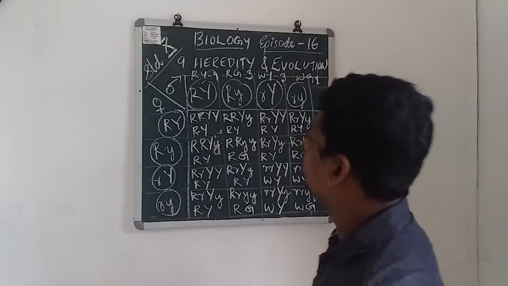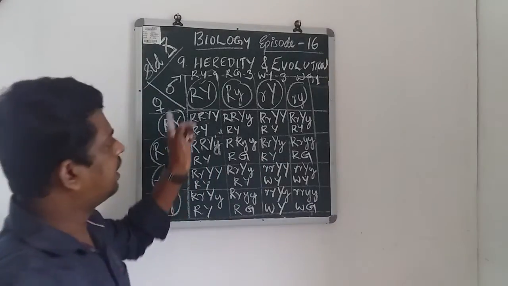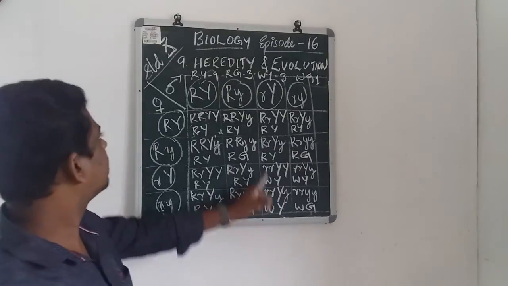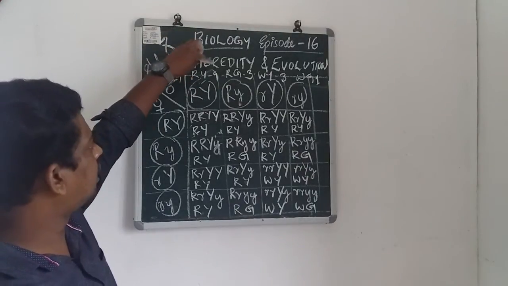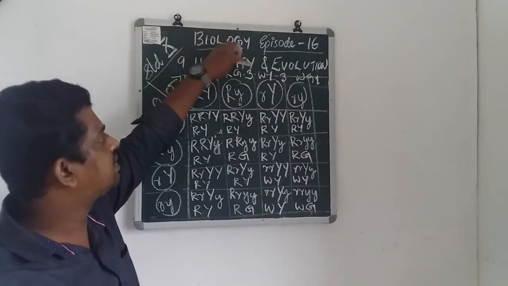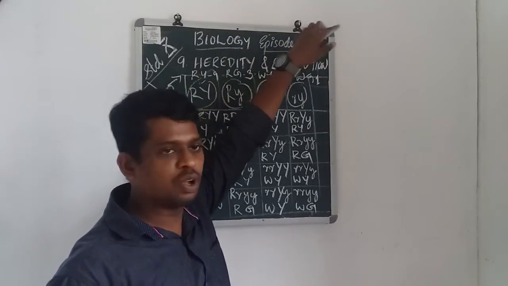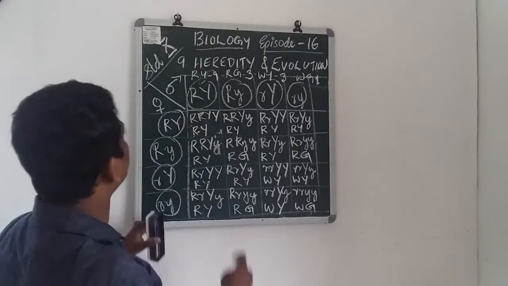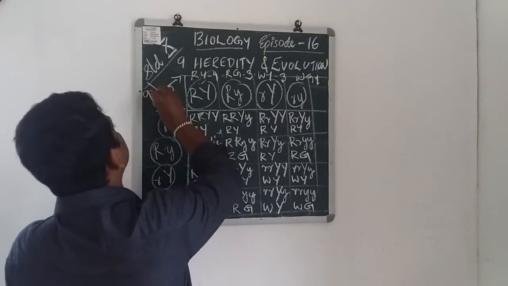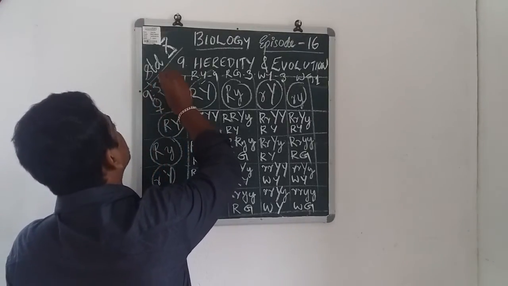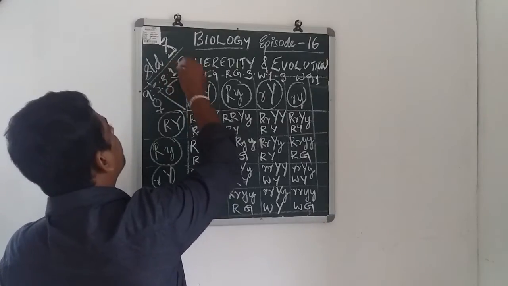So look at this one. In this chart, round yellows are 9, round greens are 3, wrinkled yellows are 3, and wrinkled greens are 1. That is, the ratio is 9 is to 3 is to 3 is to 1.